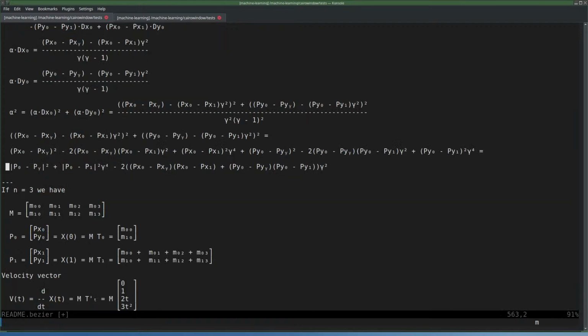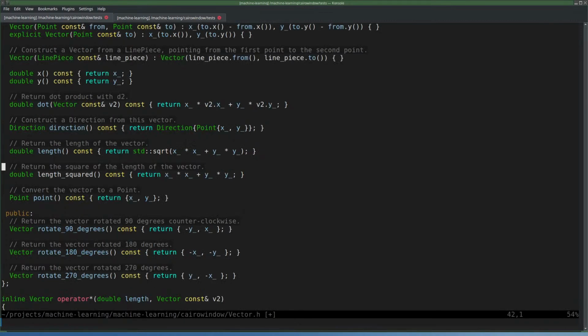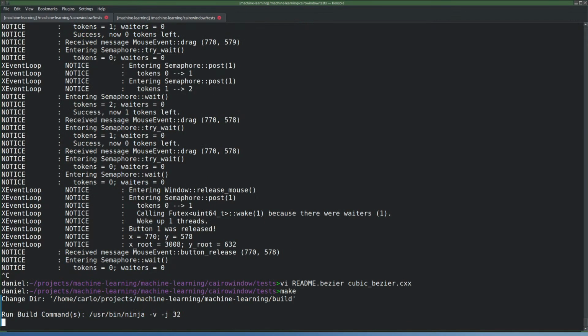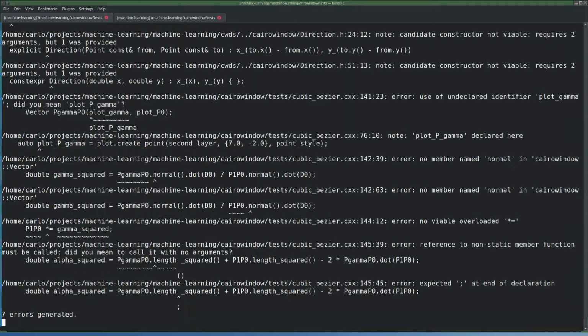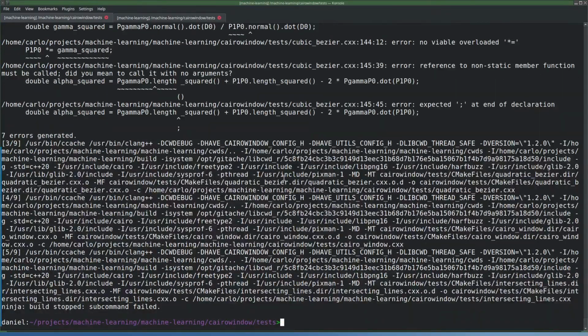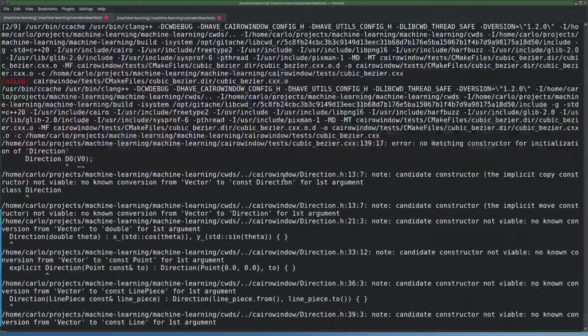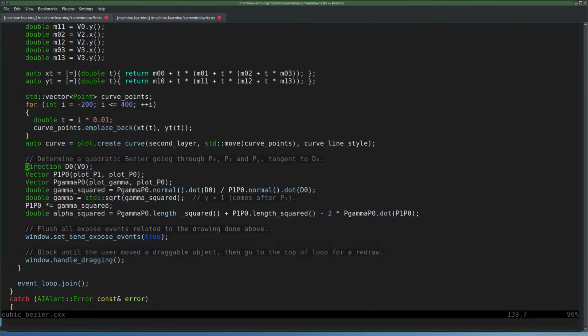Let me see if this compiles. It does not compile. No, it's a constructor for initialization of direction. Yeah. Guess I made it explicit.